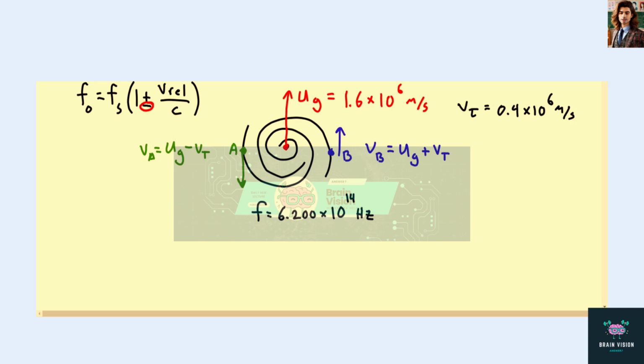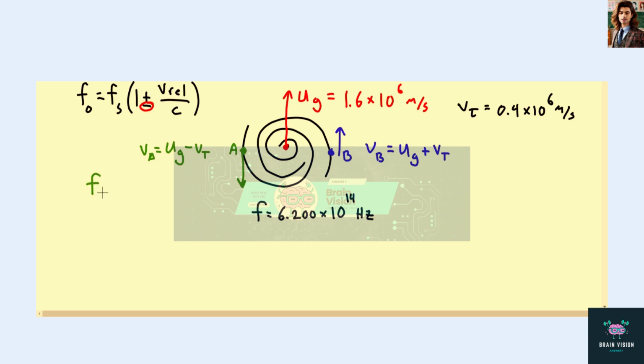And if they're moving away from each other, as in the case here, we're going to use the minus sign. So here, we're using the minus sign because each of these is moving away from the Earth. So let's go ahead and figure that out for A.